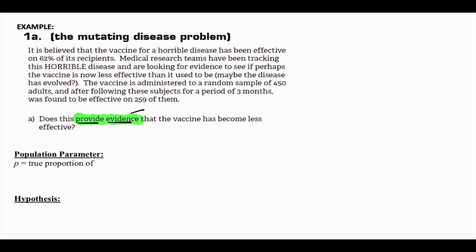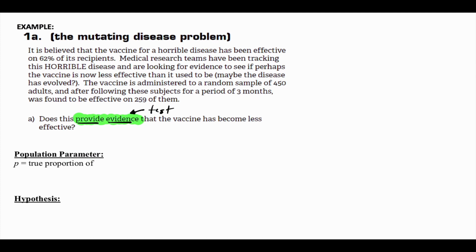That's key for do a test. So sometimes they won't say, do a test, but they'll put little buzzwords in there, phrases, provide evidence, right? That means test. Okay? So they want us to do a test to see if the vaccine has become less effective.